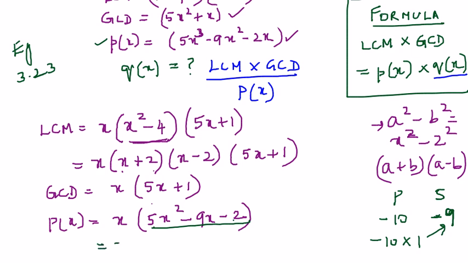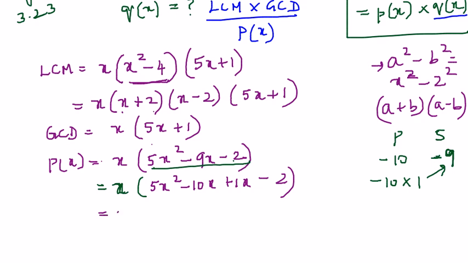So I am going to write this equation as x into 5x squared minus 10x plus 1x minus 2. Right? Now, don't remove this outer bracket because this x is always outside, right? So this whole operation of the sum and product method is within these brackets.